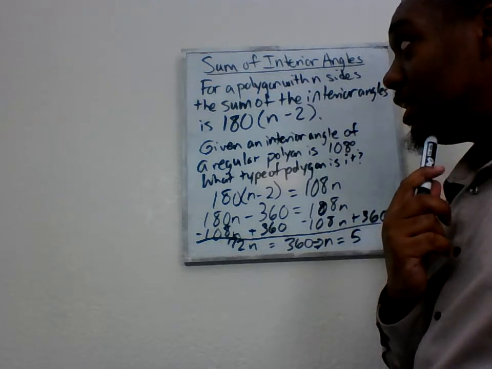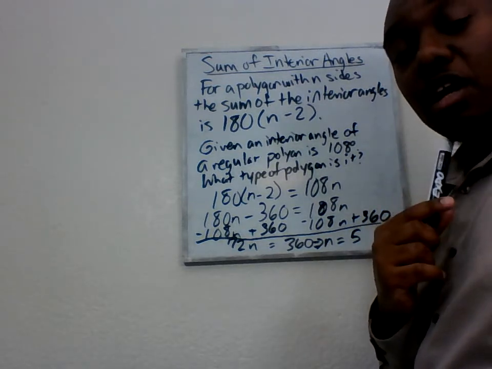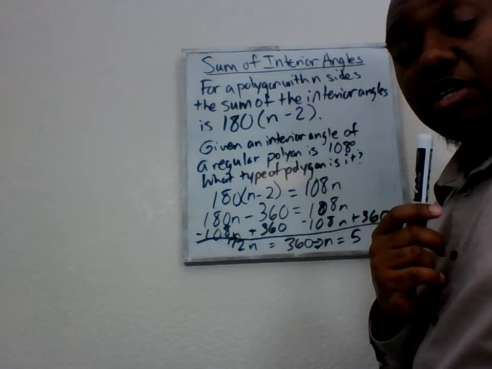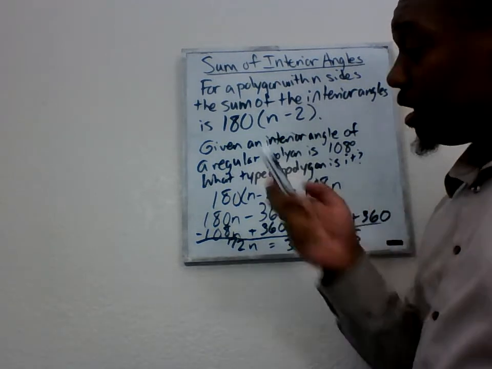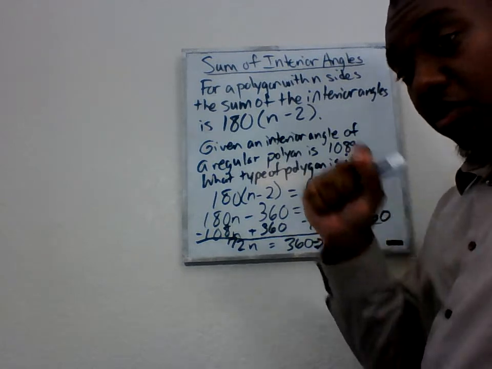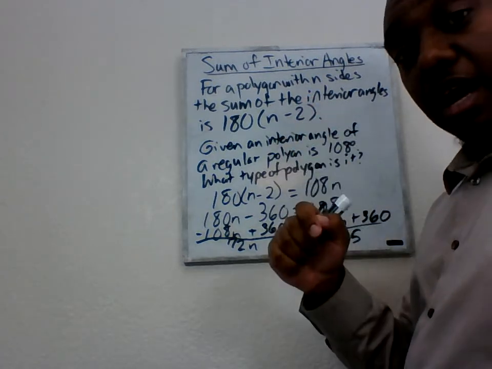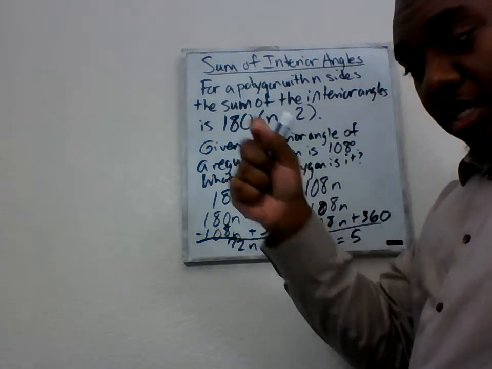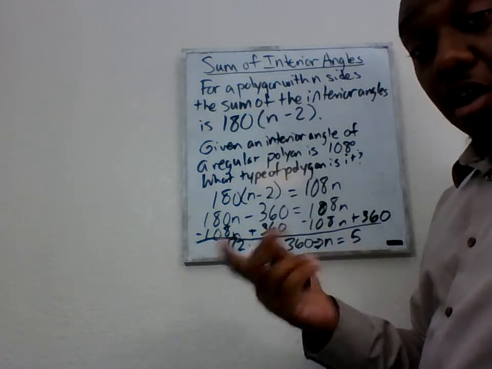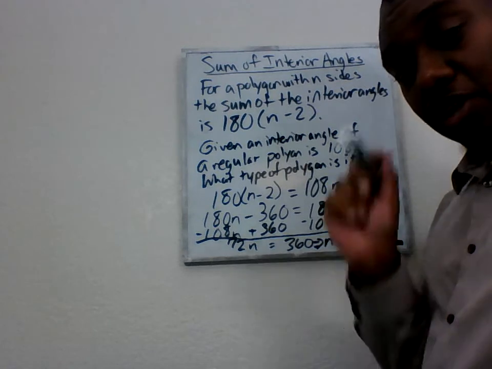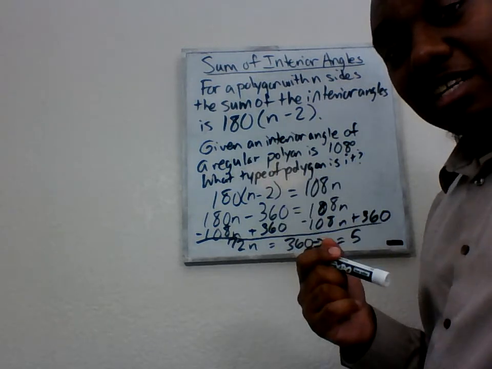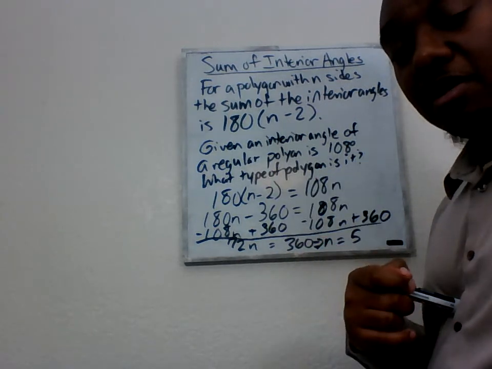Very powerful indeed. So we have talked about how to find the sum of interior angles for a polygon. We've seen where it comes from. So you have two ways to remember it: the formula directly, or how many triangles can you draw given a polygon from one vertex to all the other vertices that it is not already touching. Count how many 180-degree triangles you have inside and take the sum, and that would be the sum of the interior angles.